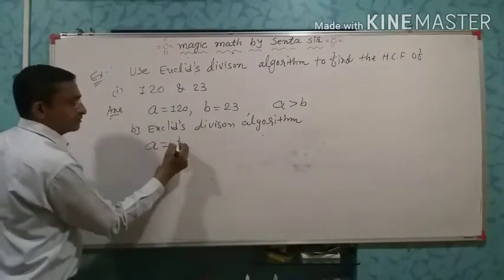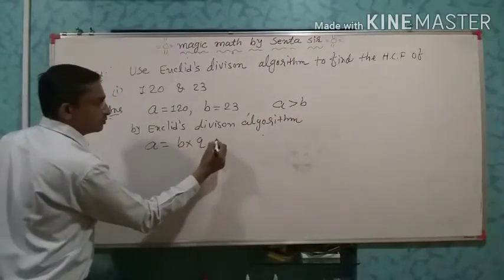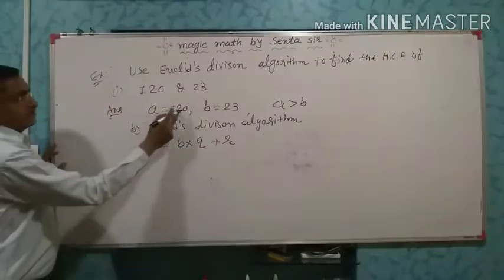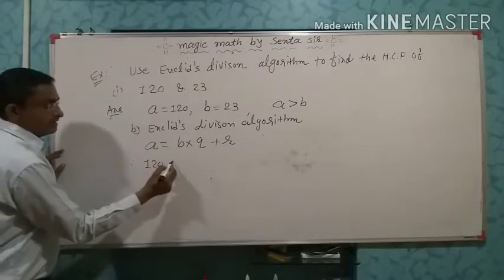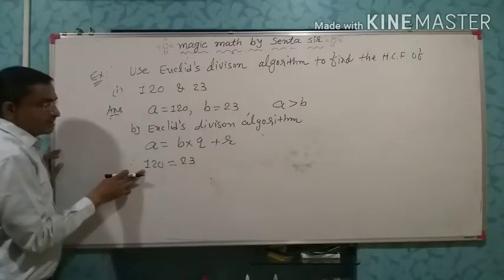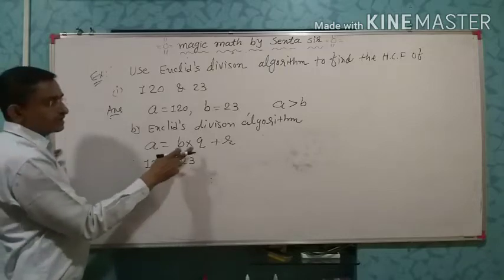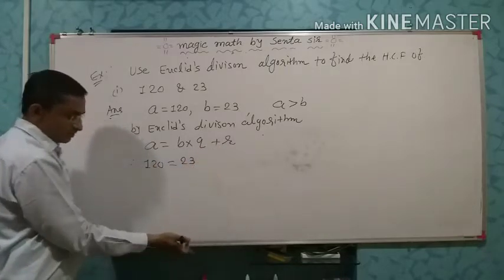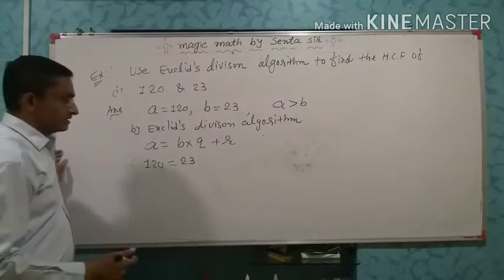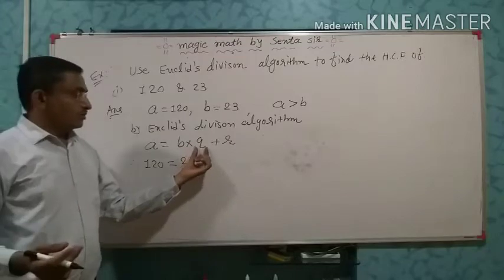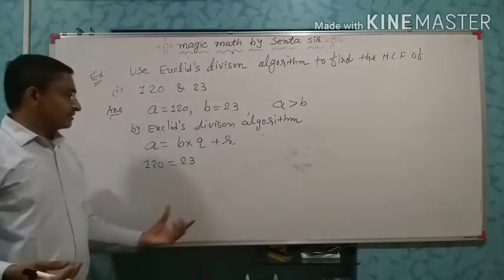A is equal to B into Q plus R. Therefore, A means 120 is equal to B means 23. Dividend is equal to divisor into quotient plus remainder. It is a very easy formula of 5th standard, right? So we can now find quotient and remainder.